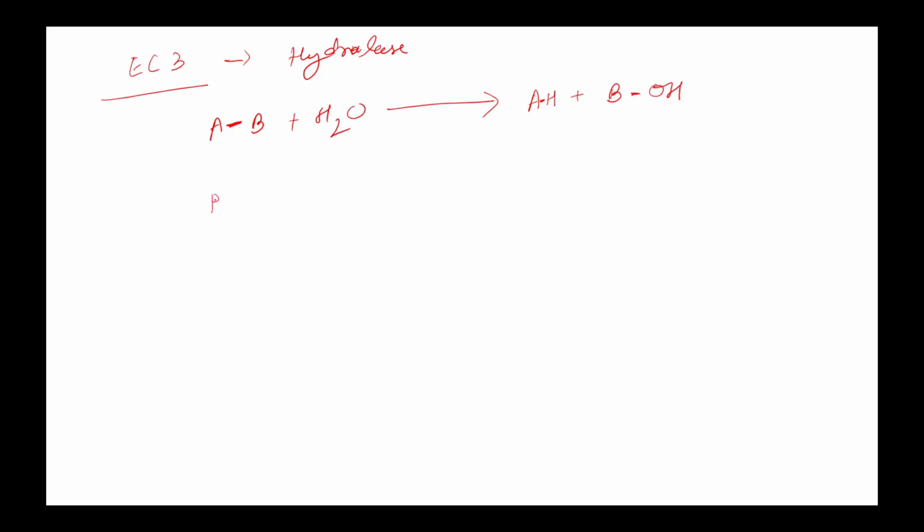For example, phosphodiesterase, which cleaves the phosphodiester bond. We have phosphatases, which remove the phosphate from a substrate. We also have peptidases, which cleave amide bonds such as peptide bonds in proteins.